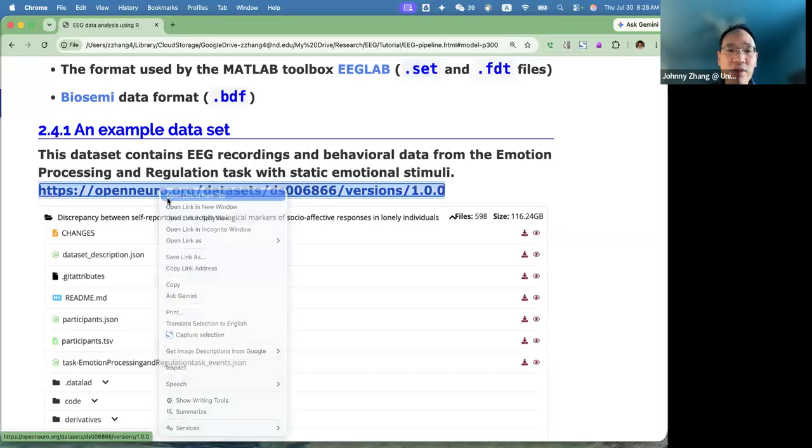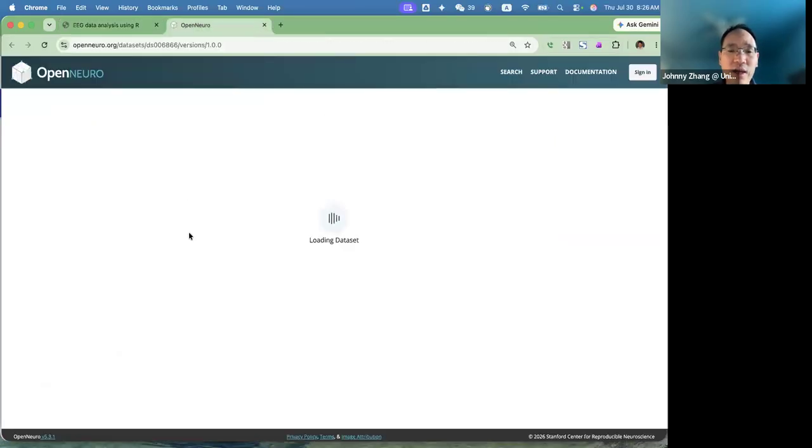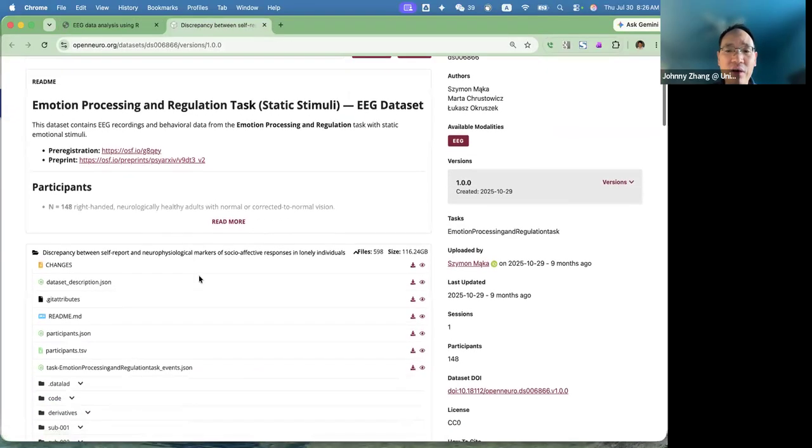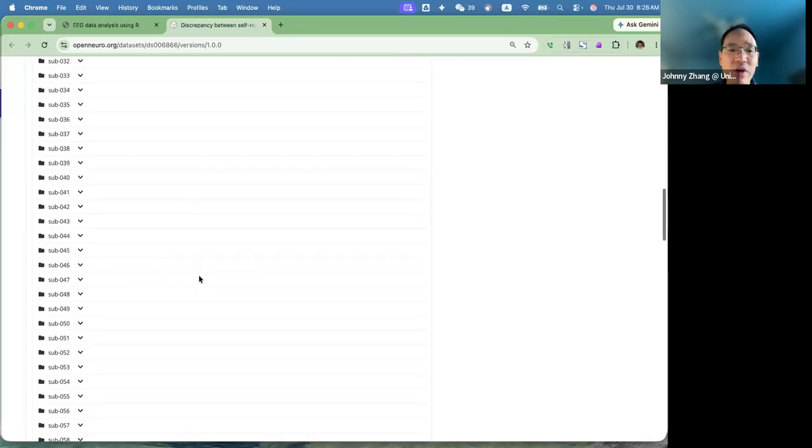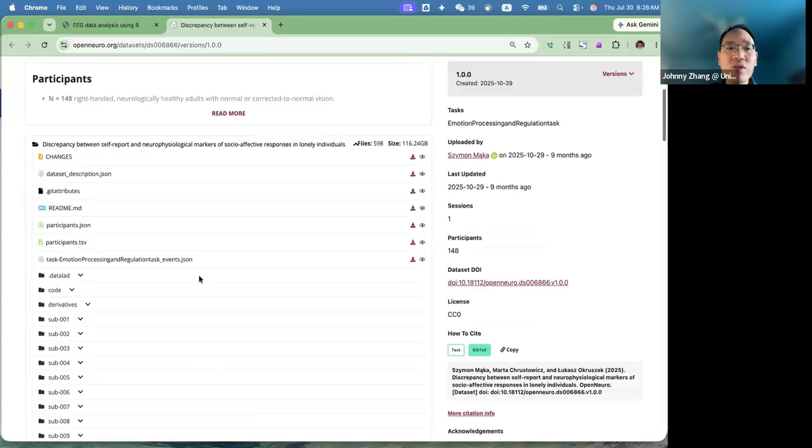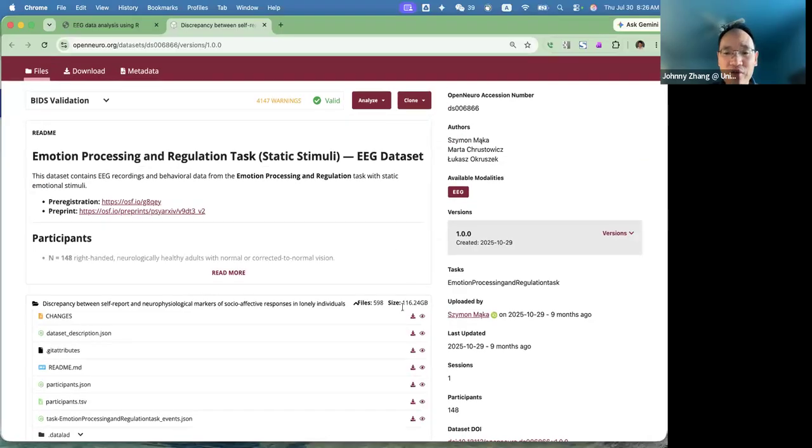If you are really interested in doing some real data analysis, this is a very nice data set you can use. You can download all the information to your computer. Notice that EEG data is usually large. For example, this project is more than 100 gigabytes of data. Make sure you have a powerful enough computer to save the data set.